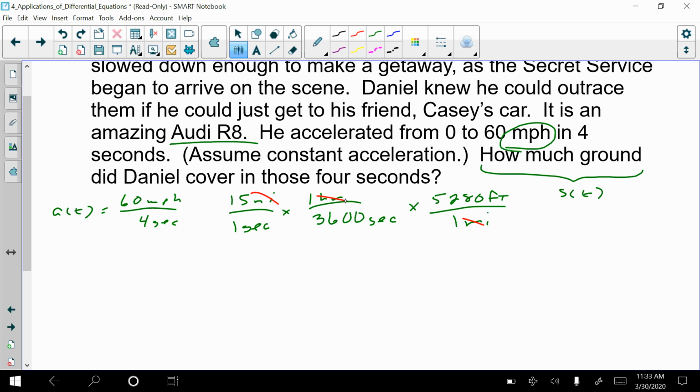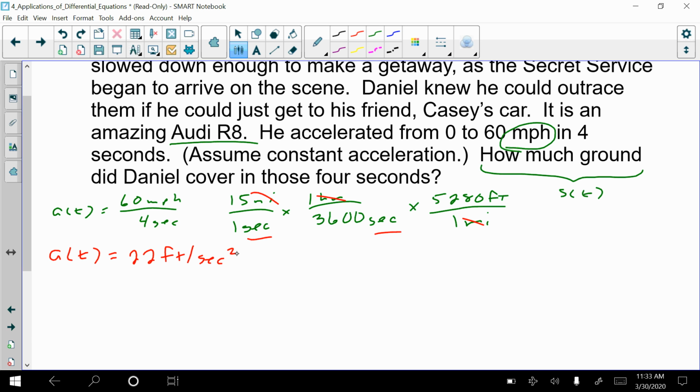I apologize. But anyway, we're going to take the 15, multiply it by 5,280, and then divide that by 3,600, and that will give us an acceleration function in feet per second of, and we see here seconds and seconds in the denominator are going to give us 22 feet per second squared.